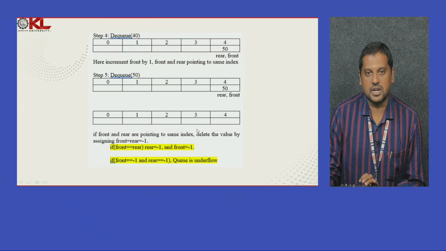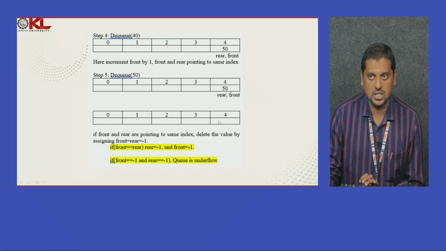Further, once after front and rear value, be here in the last queue here, there is no any element in this particular queue. If I need to delete any value from this particular queue, here already my front value and rear value is -1. So further we cannot delete any value from this queue, so that it goes for an underflow condition.